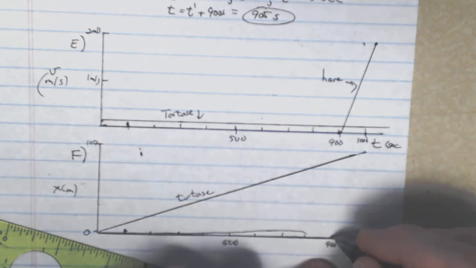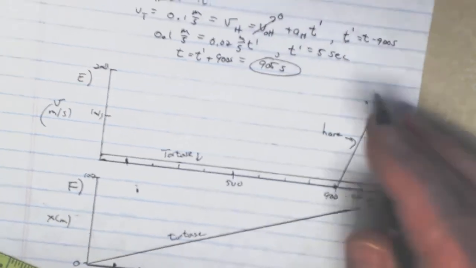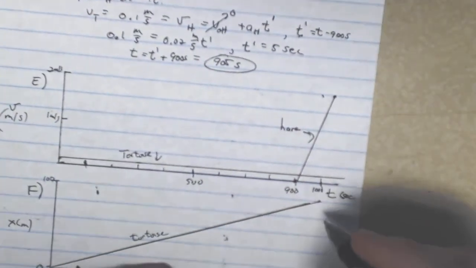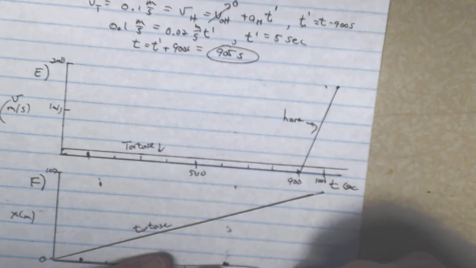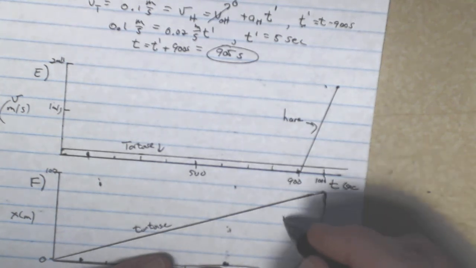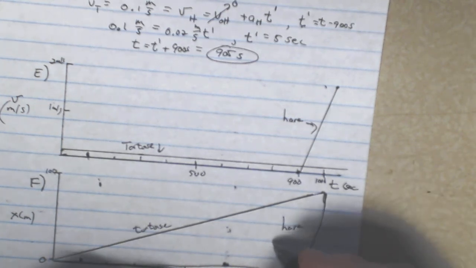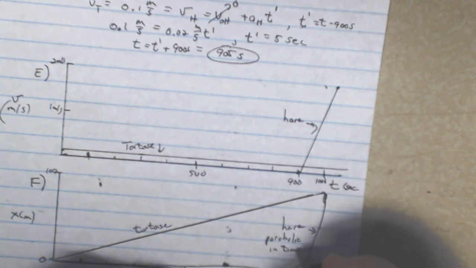And then when he does start running, his position is going to follow a formula 1/2 a t squared, like we have up here. So it's going to be parabolic in t, so I want to try to draw a parabola. Okay, label that as hare. And so the graders don't take any points off, I'll just write in that the hare position is parabolic in time. Done.